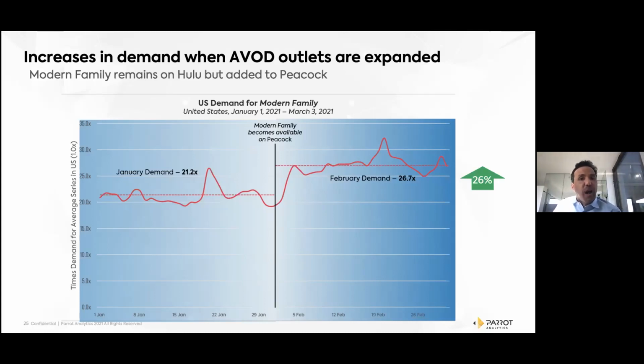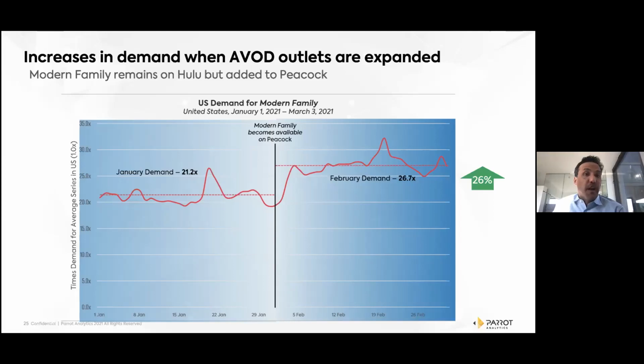And just adding that extra outlet of having the availability on Peacock actually is driving the demand of this title, by 26%. So again, this is another indication that adding another distribution is adding demand. So just to keep in mind in terms of how to maximize the audience of a specific title.